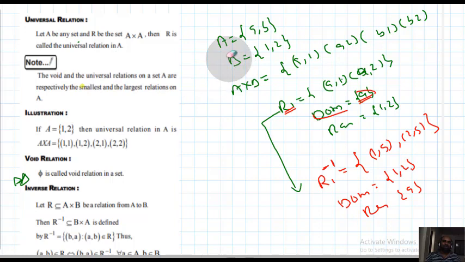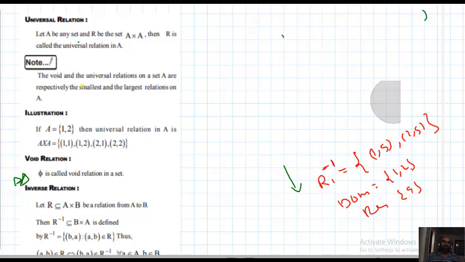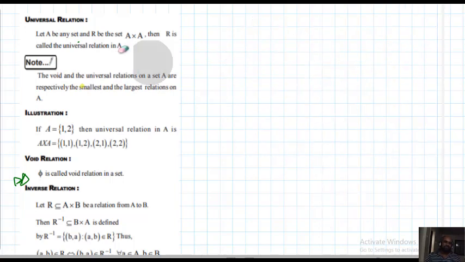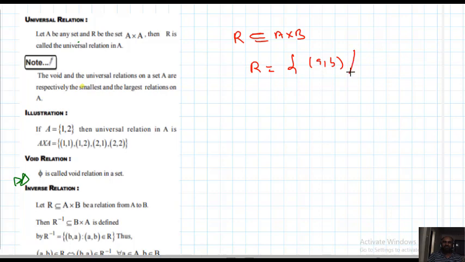So I want to write the definition here. R is a relation, R is a subset of A cross B, and R is given as ordered pairs (a, b) such that a belongs to A, b belongs to B. Then what is R inverse? R inverse means inverse relation.